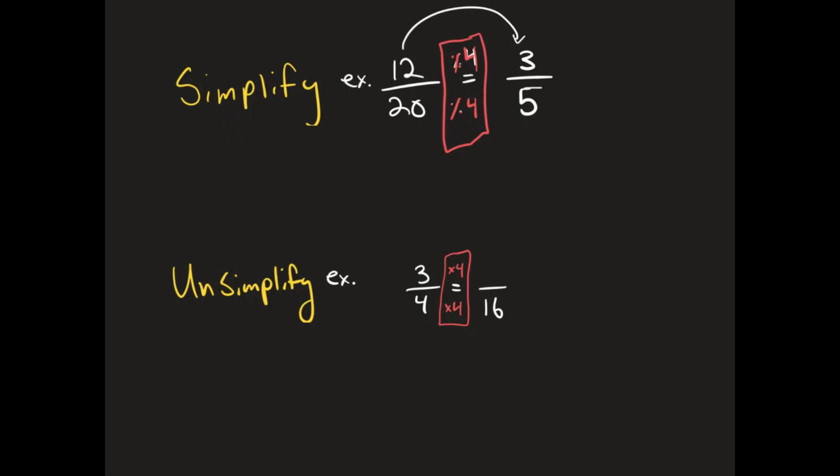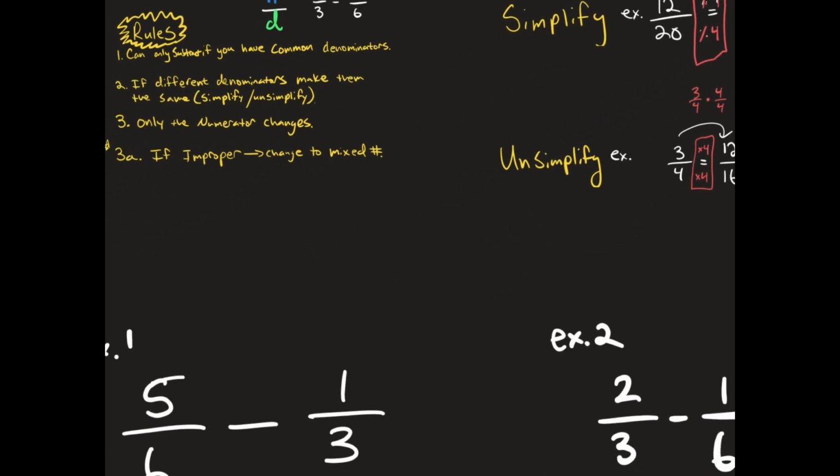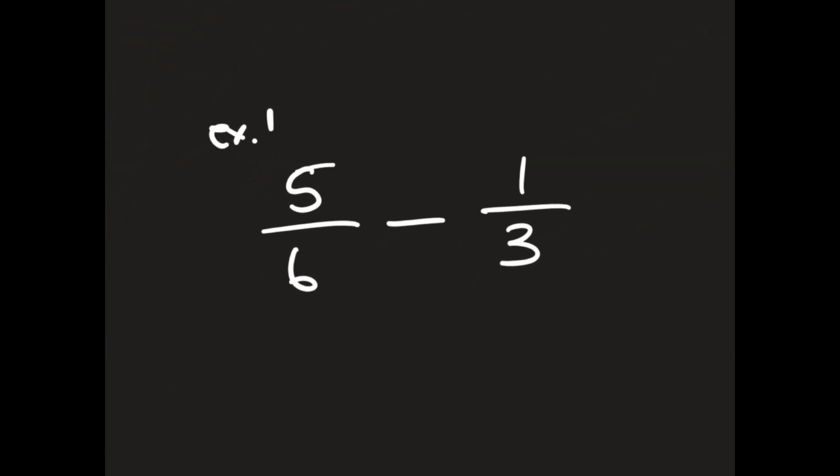What's happening here is we're doing 3/4 times 4/4. 4/4 is just equal to 1. When we multiply 3 times 4, we end up with 12. So 3/4 is equivalent to 12/20. The more you practice it, the better you will get. So two examples, and then I am done.